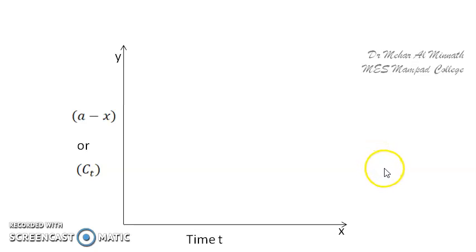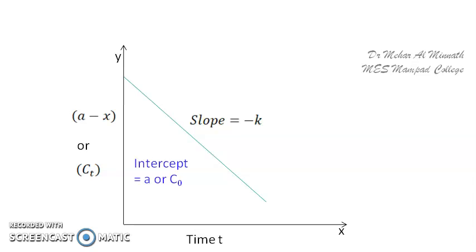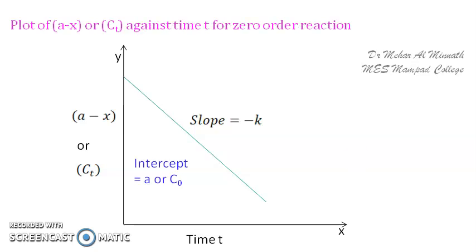When you plot a minus x versus time, you get a straight line with a negative slope and an intercept. The slope will give you the value of minus k, and from there you can get the value of k, the rate constant, and the intercept is equal to the initial concentration A of the reactant. So this will be the plot of a minus x or Ct against time for a zero order reaction.